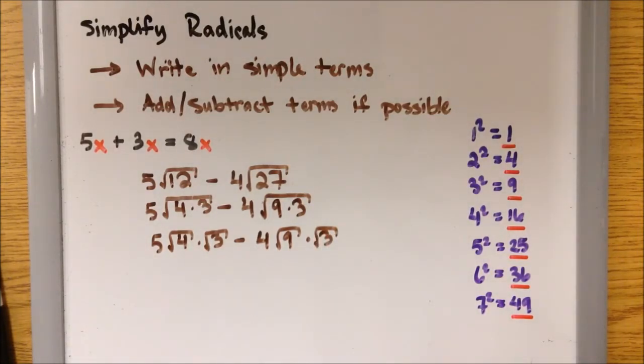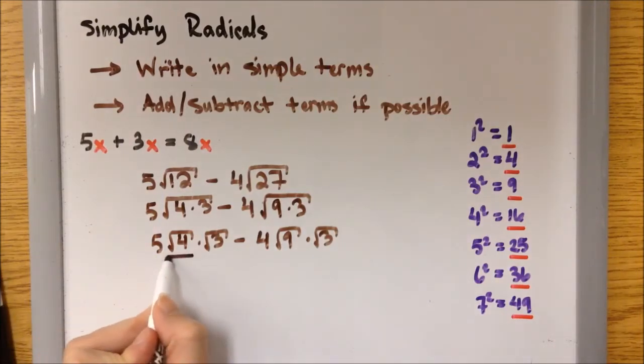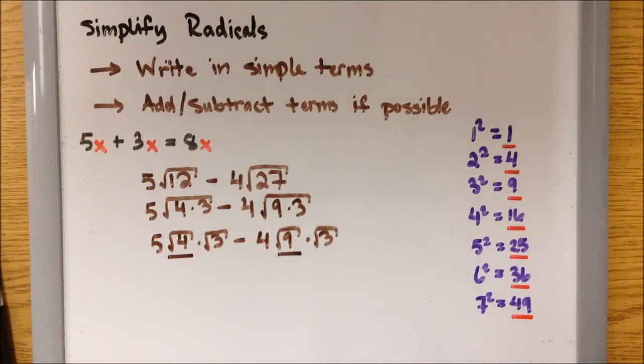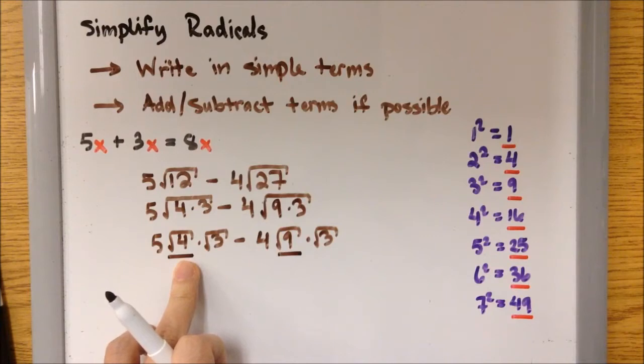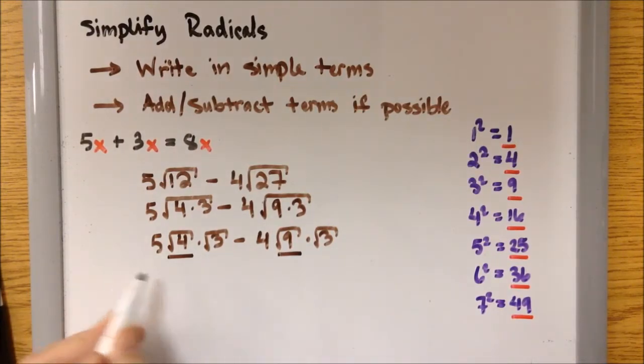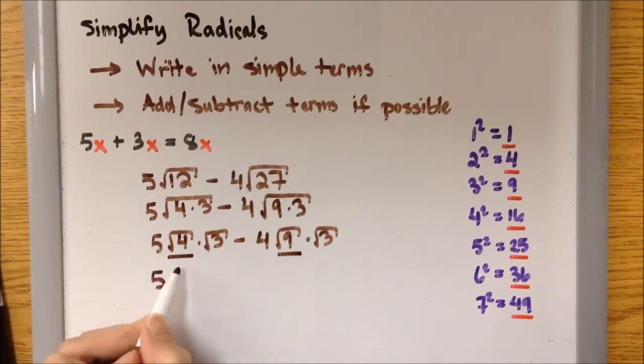Alright, so separate into two factors on each side. Here we can do the square root of 4, and here we can do the square root of 9. So, what I'm going to do is, again, bring down the 5, but apply the square root.